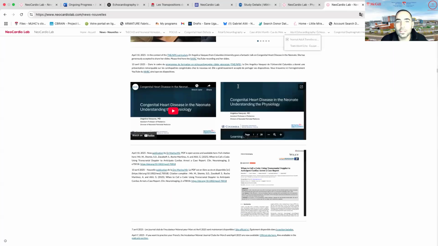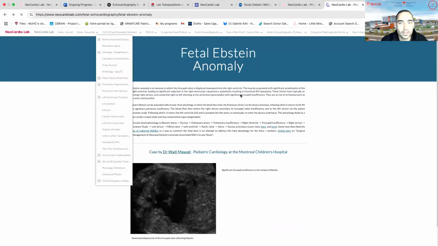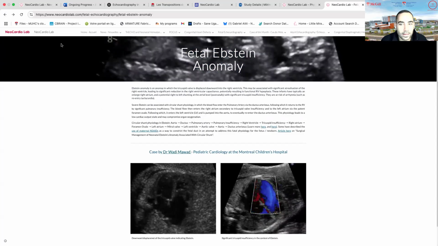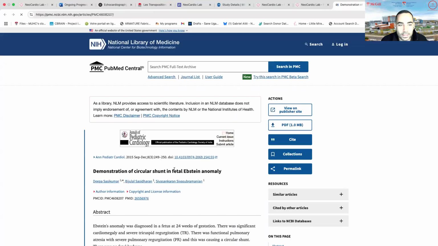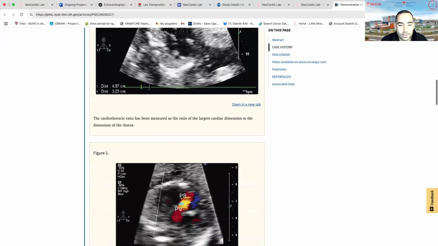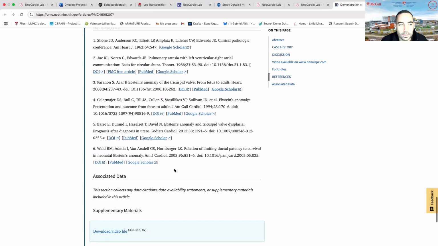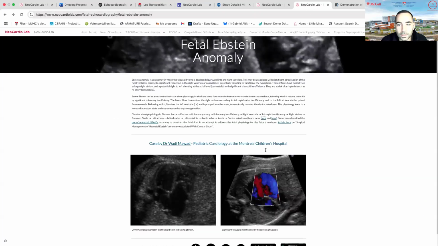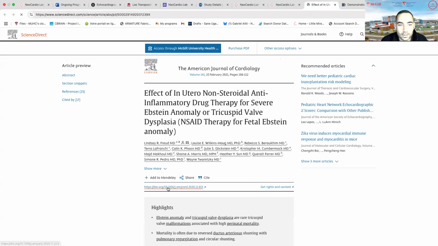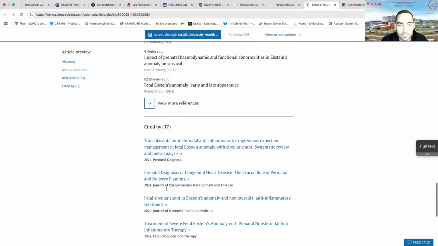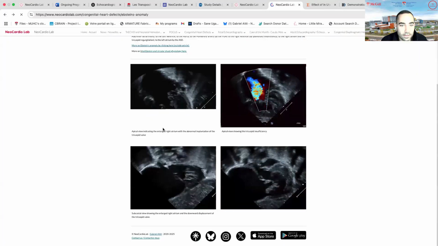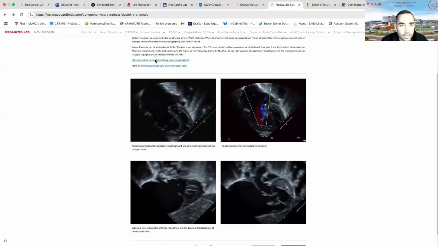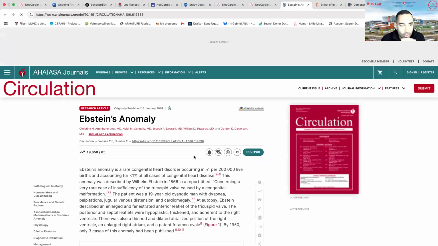So what is the circular shunt? I think I put a picture here, circular shunt. Is it in this article? No, not this one. Maybe outside the article.